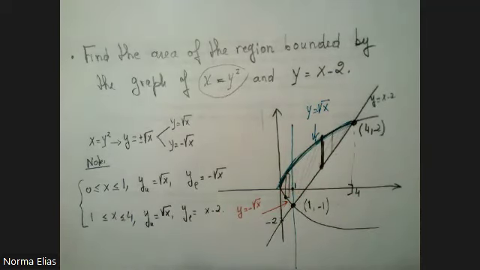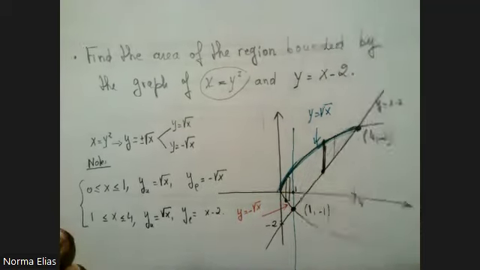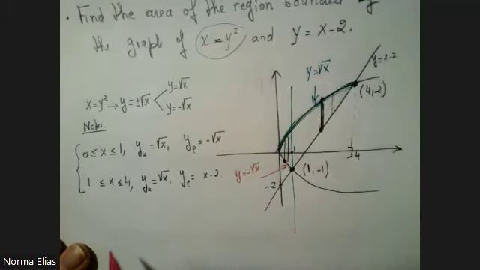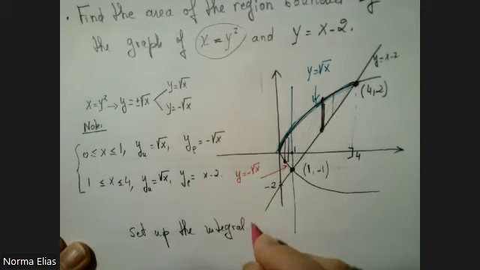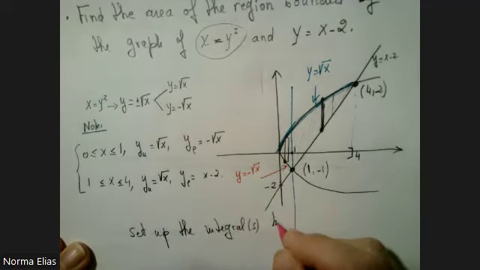In this problem, I'm only going to ask you to set up the integrals to find the area. I'm not asking for more detail. So the question is: set up the integral to find the area.